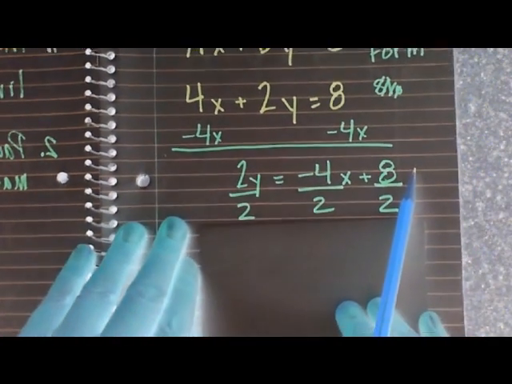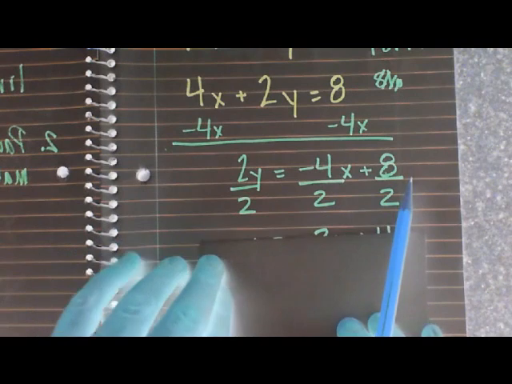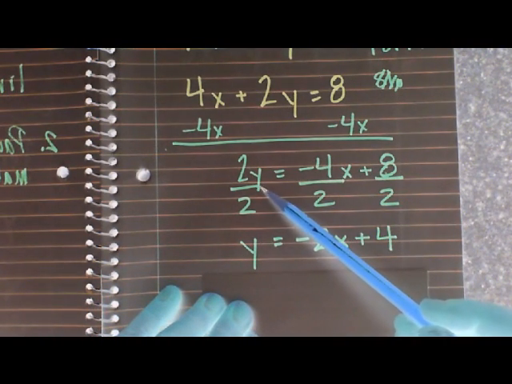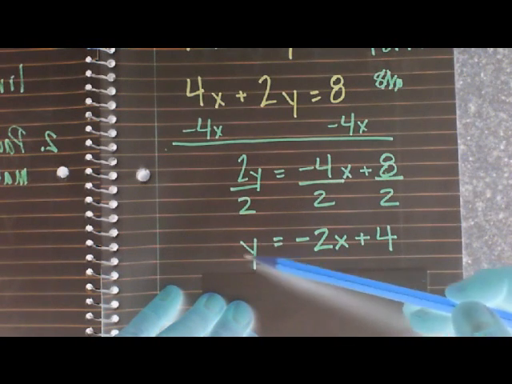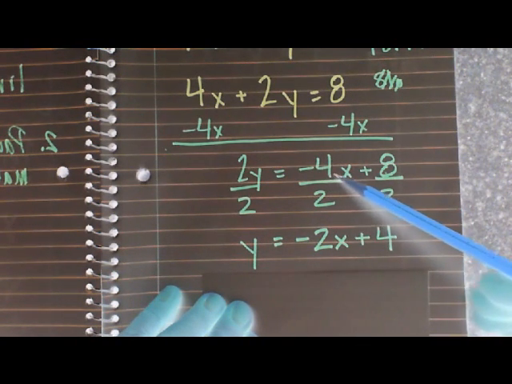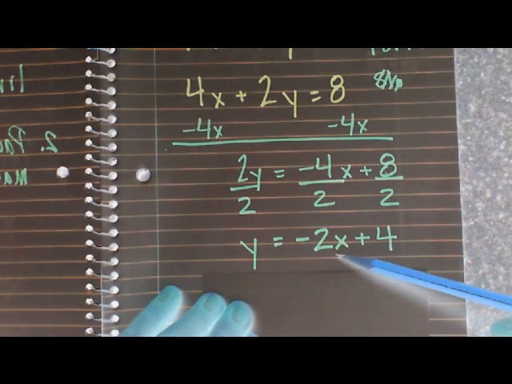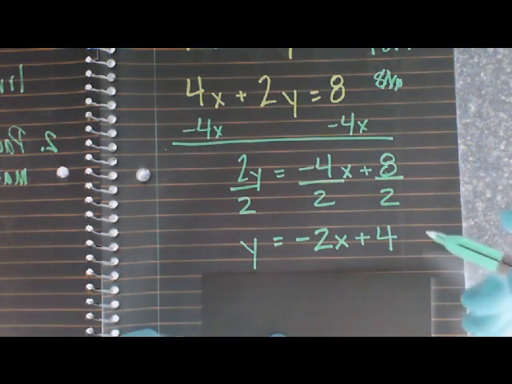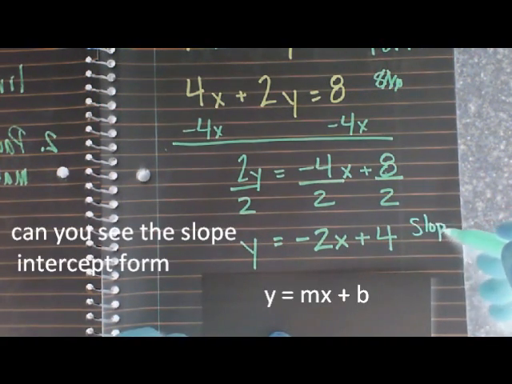There we go, we divide all the terms by 2. This comes down to y. 2 over 2 equals 1, so we can cross that out. Negative 4x divided by 2 equals negative 2x. 8 divided by 2 equals 4. And then what we're left with is the slope-intercept form of a line.